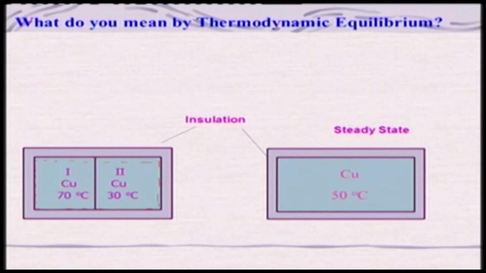If you give a sufficient amount of time, this whole system will attain a temperature of 50 degrees Celsius. There is no gradient in this system; it is all uniform, and we say the system has reached an equilibrium state.